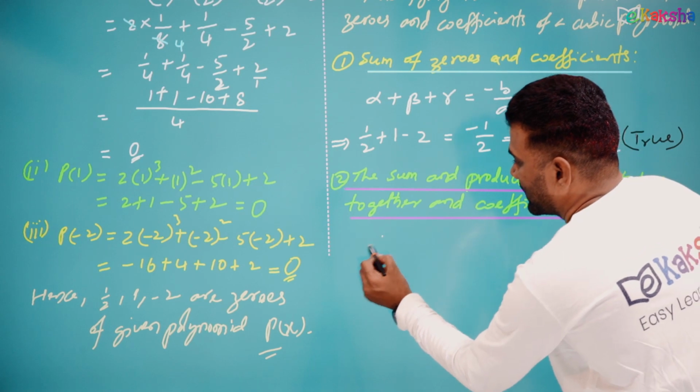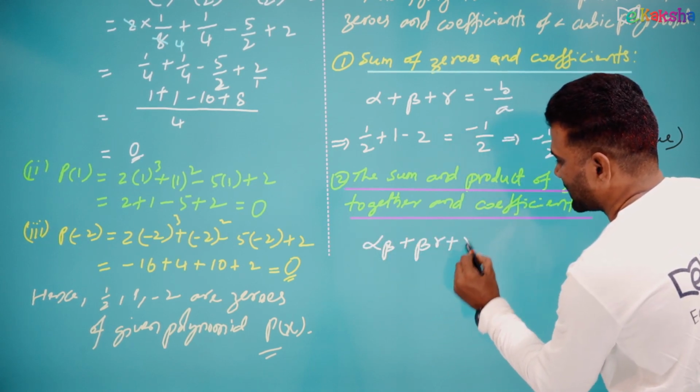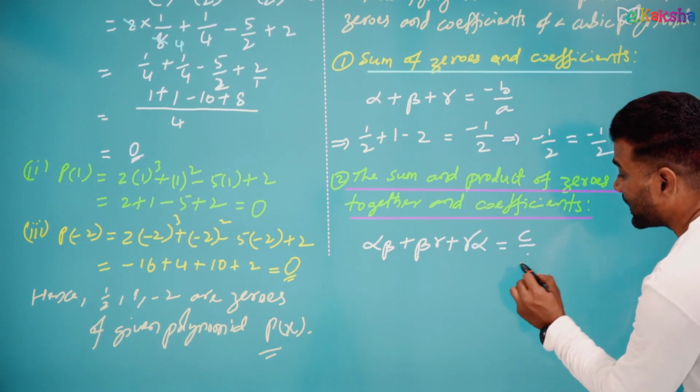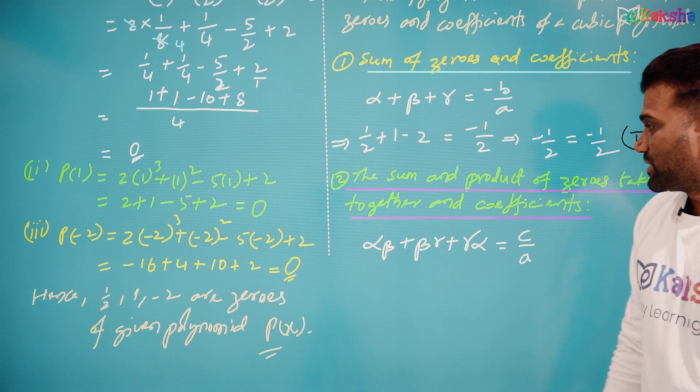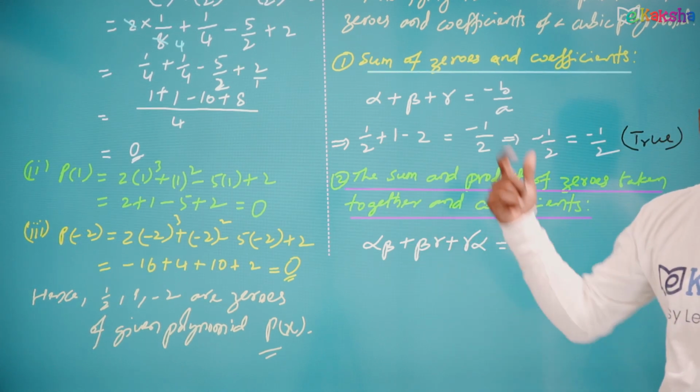That is, alpha into beta plus beta into gamma plus gamma into alpha is equal to c upon a. This is the relationship between the sum and product of zeros taken together and coefficients.